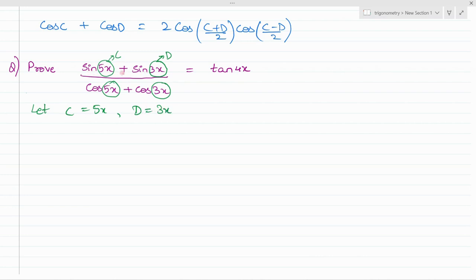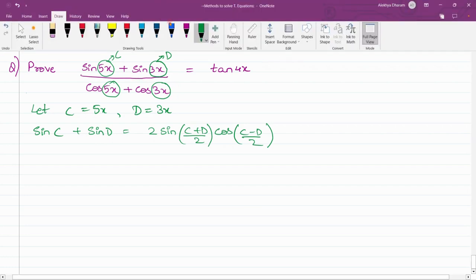In the numerator, we need to use the formula of sin C plus sin D. What's the formula? Sin C plus sin D is nothing but 2 sin (C plus D)/2 into cos (C minus D)/2. Whereas in the denominator, we need to use this formula. So let's solve this question.